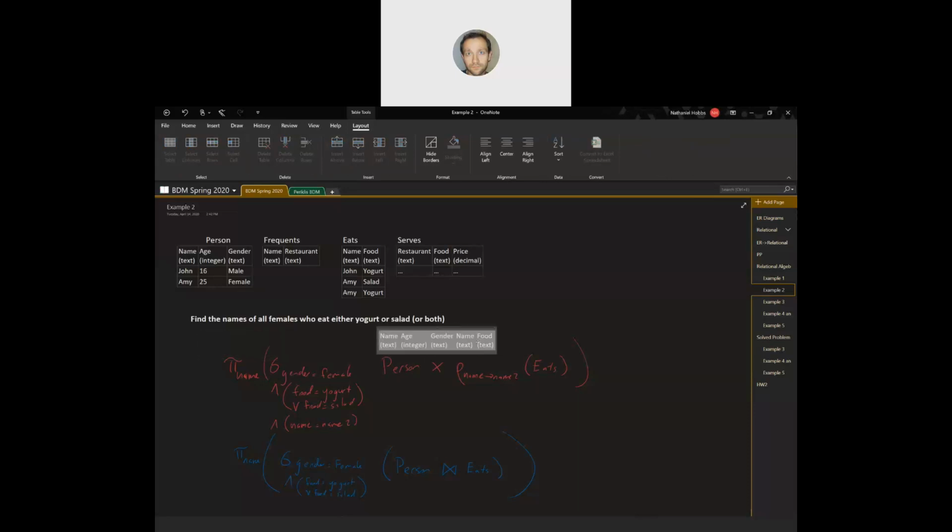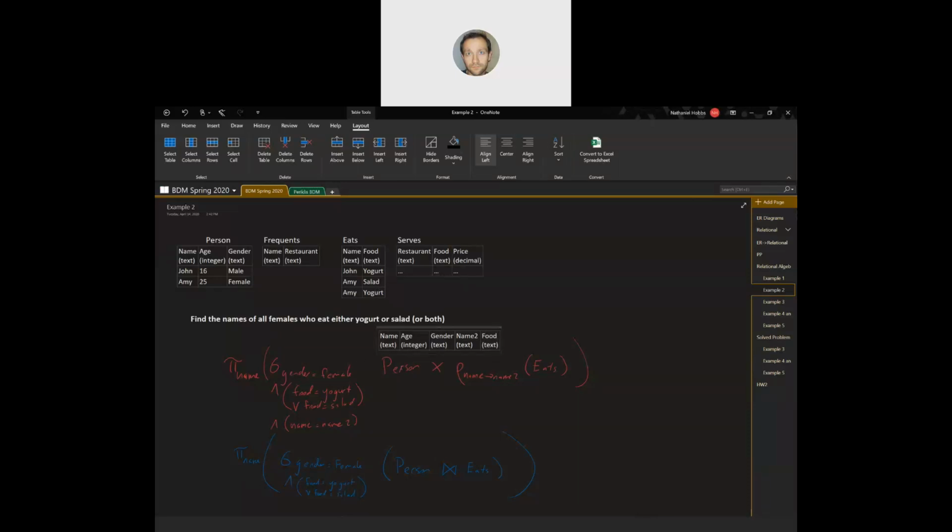So we're going to be ending up with a relation that looks like this. We run into the same problem with both of the names being the same, so we have to rename one of them. Then we have a select where we only care about gender female, and we want the food to be either yogurt or salad and not something else.